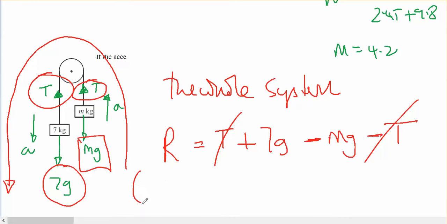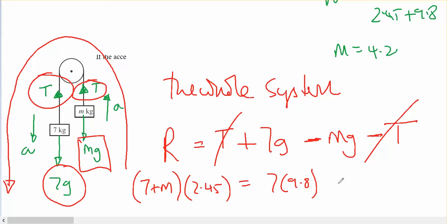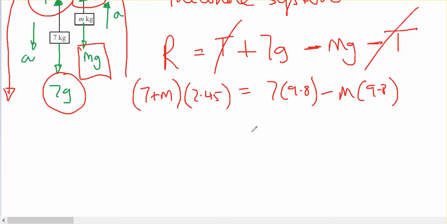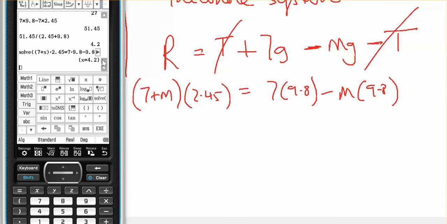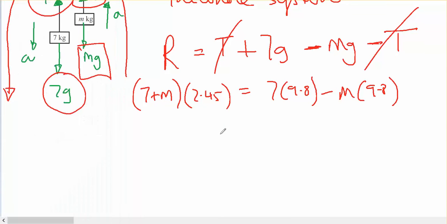My resultant force will be the mass, which will be 7 plus m, that's the total mass of the whole system, times acceleration, which is 2.45, should equal 7 times 9.8 minus m times 9.8. And I'm just going to put that on a calculator and solve for m. And putting all on the calculator, solving for m, not surprisingly, I get m equals 4.2.